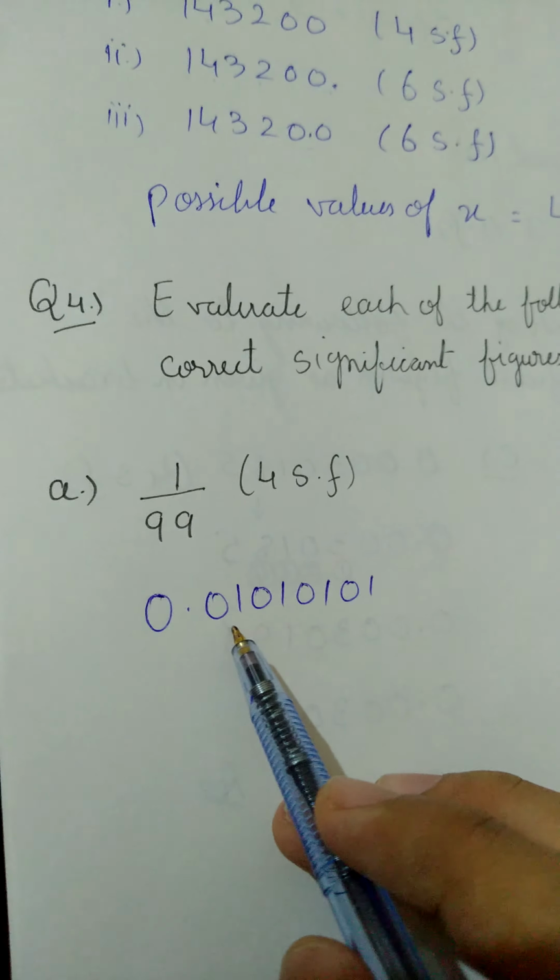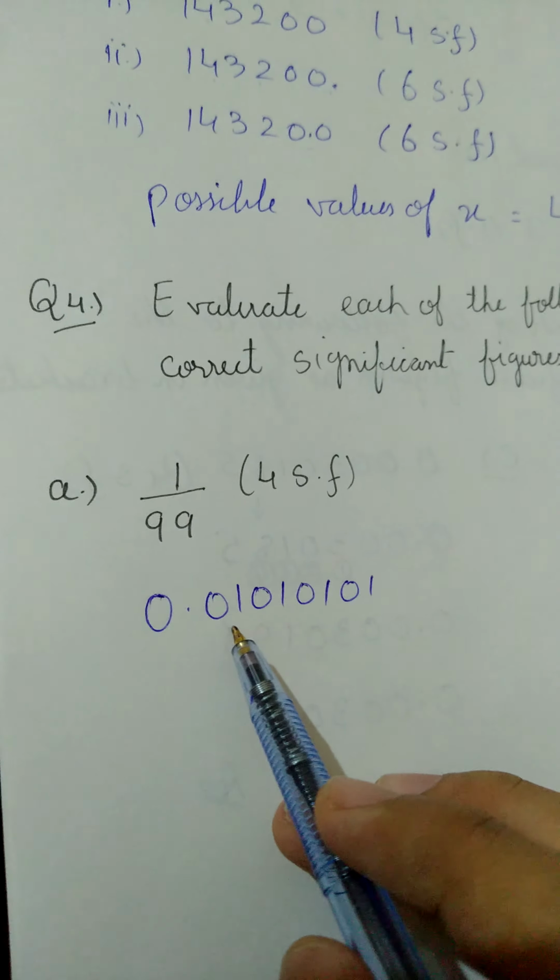So I will write only these numbers in my answer, because my answer should contain only 4 significant figures. So let's write 0.01010.